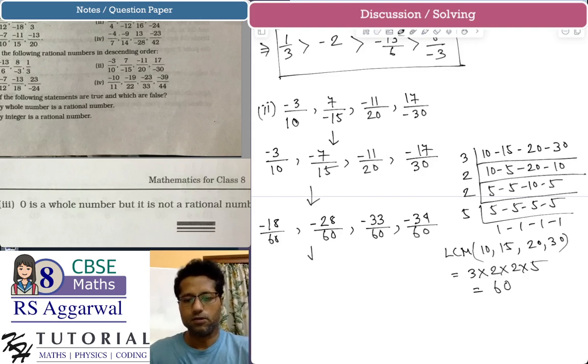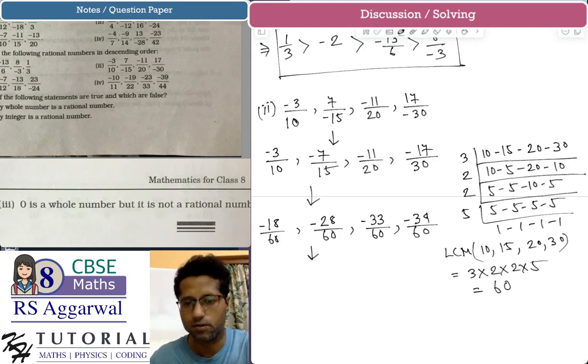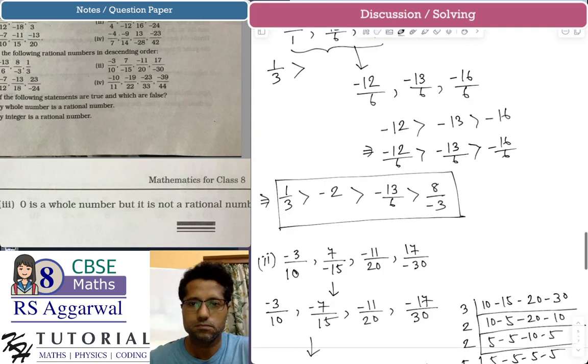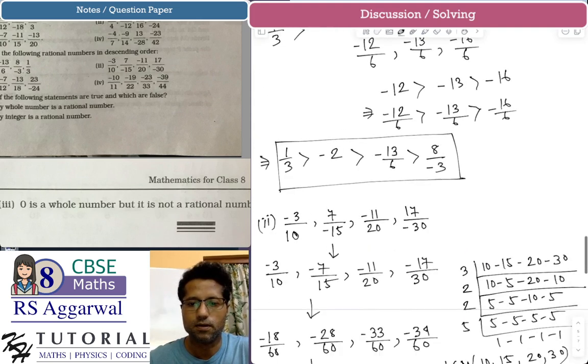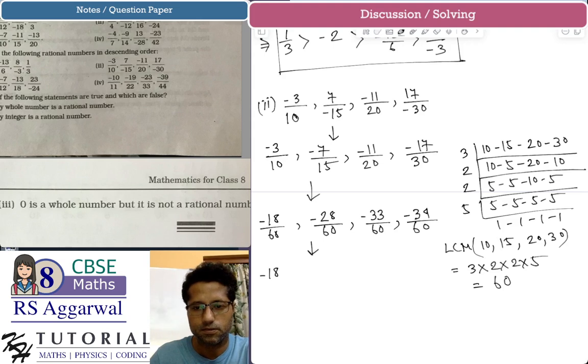So now we have all the rational numbers with the common denominator as 60. We will now compare them based on their numerators in the descending order. Okay. In descending order, it will be minus 18 is greater than minus 28 is greater than minus 33 is greater than minus 34.